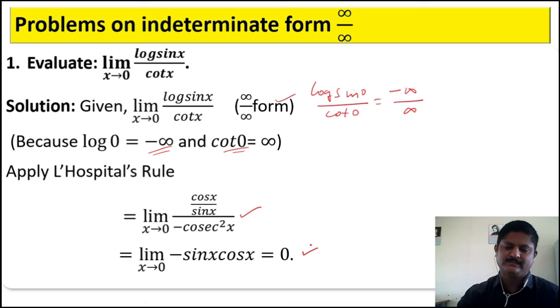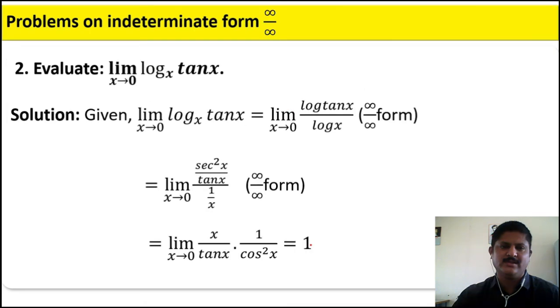Next, evaluate limit of x tends to 0 log of tan x to the base x. Here we know one logarithmic property, log of m to the base n equals log m to the base e divided by log n to the base e. Apply this formula.